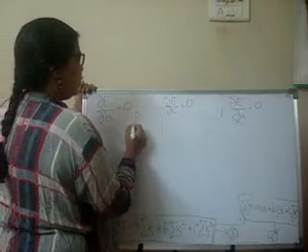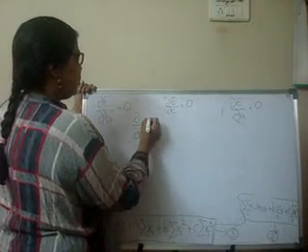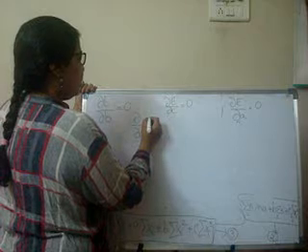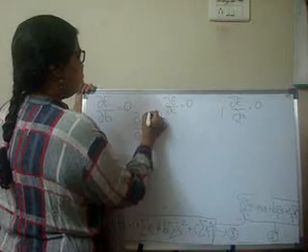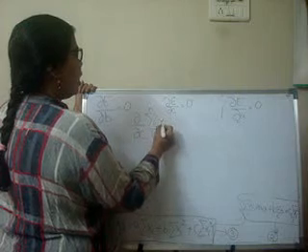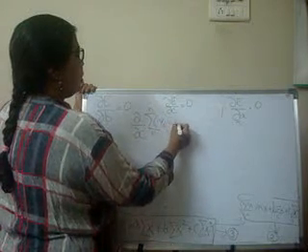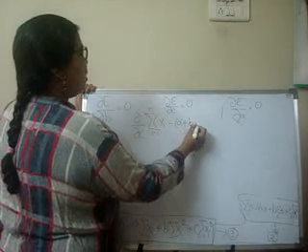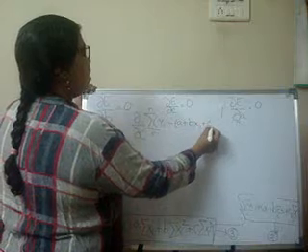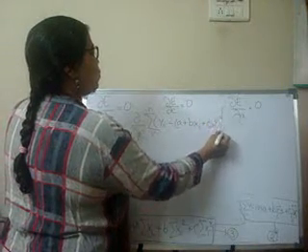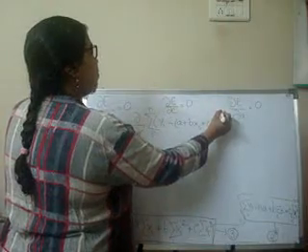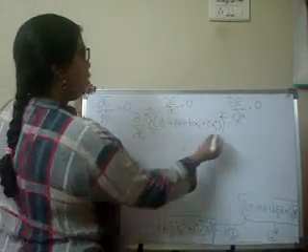So, dou E by dou C is summation i going from 1 to n of (yi minus (a plus bxi plus cxi square)) whole square equals to 0.